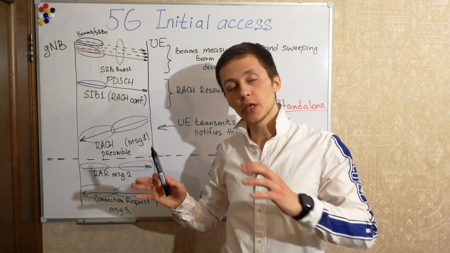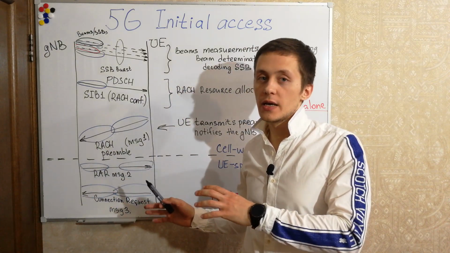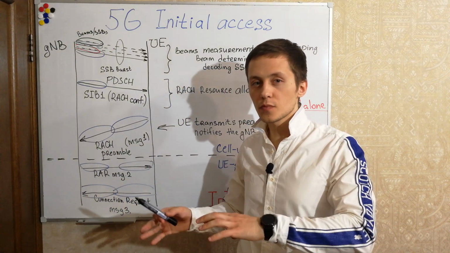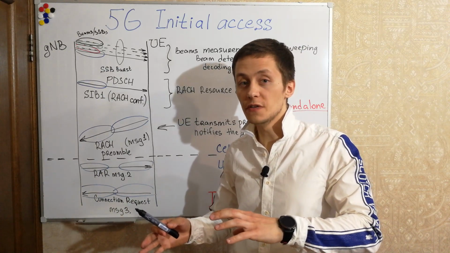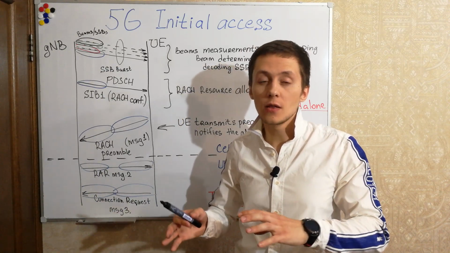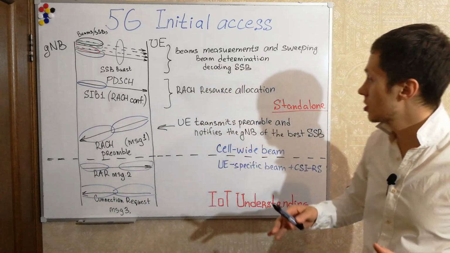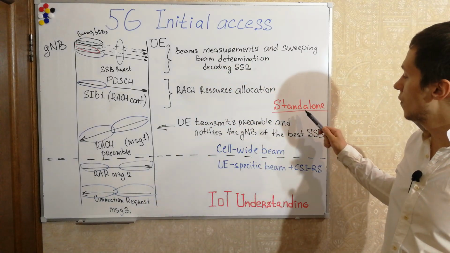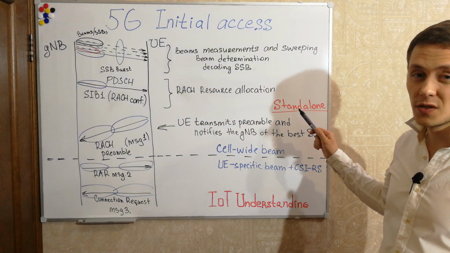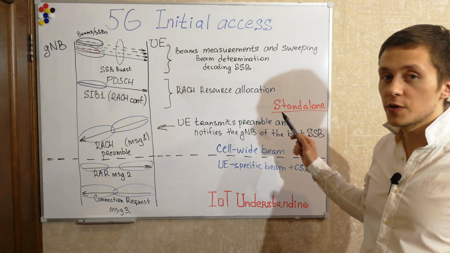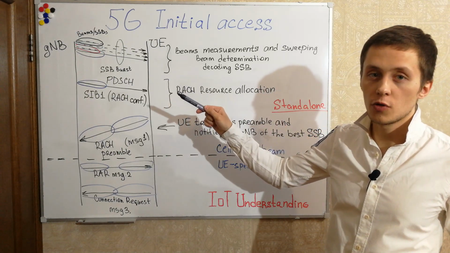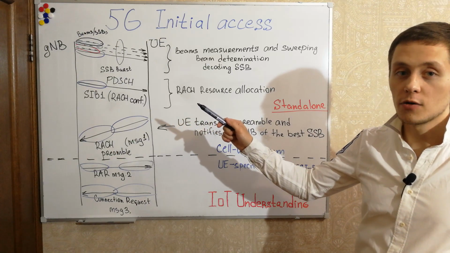Now let's look in more detail at the difference between standalone and non-standalone, because this situation is for standalone mode. This situation is for when the UE performs access to gNB without LTE.